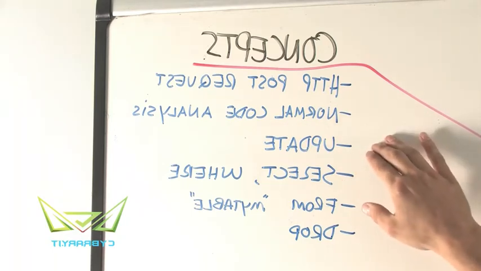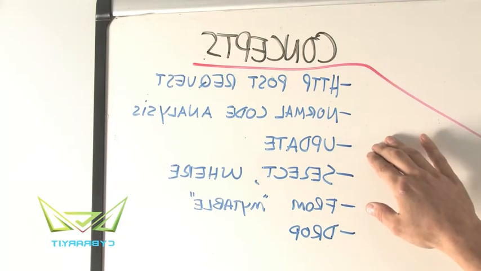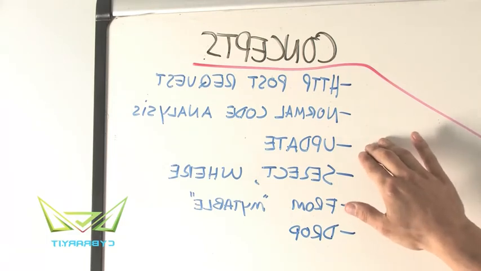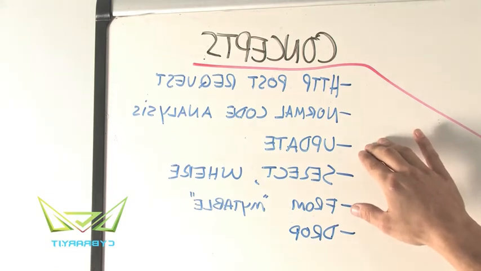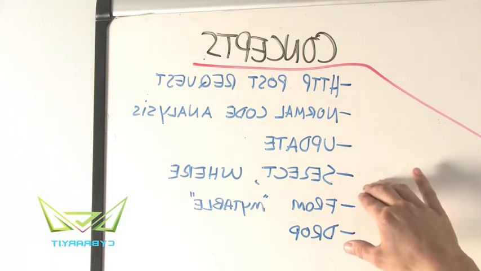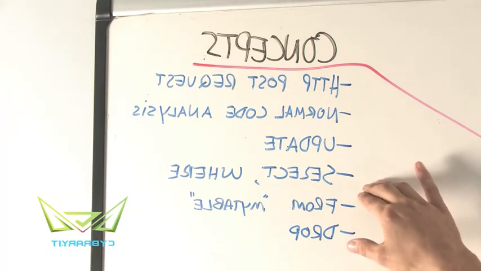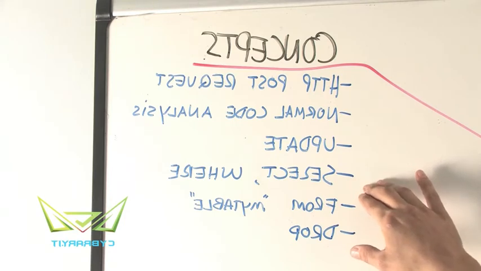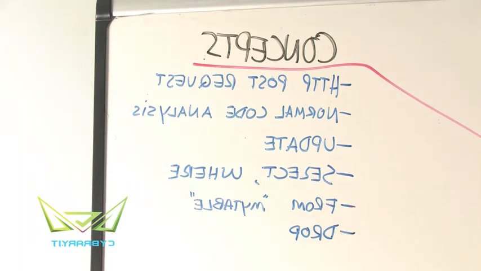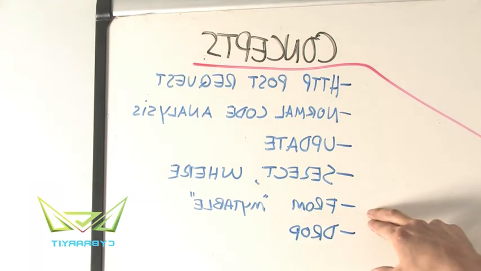Ultimately, in database language, this is what it's going to come down to. There are certain parameters like the update parameter. This is when a client sends to the server and says, hey, I'd like to update something in the database. Or select something from the database where the values are equal to whatever they are. Or get something from my table, just a generic table name in that sense.